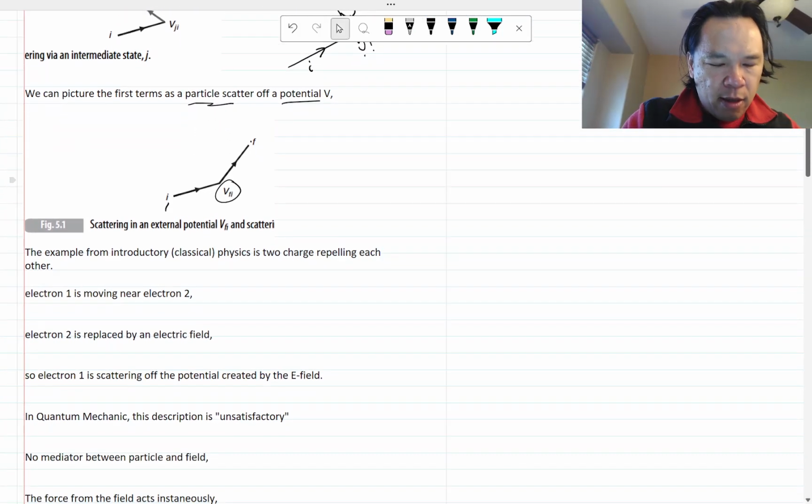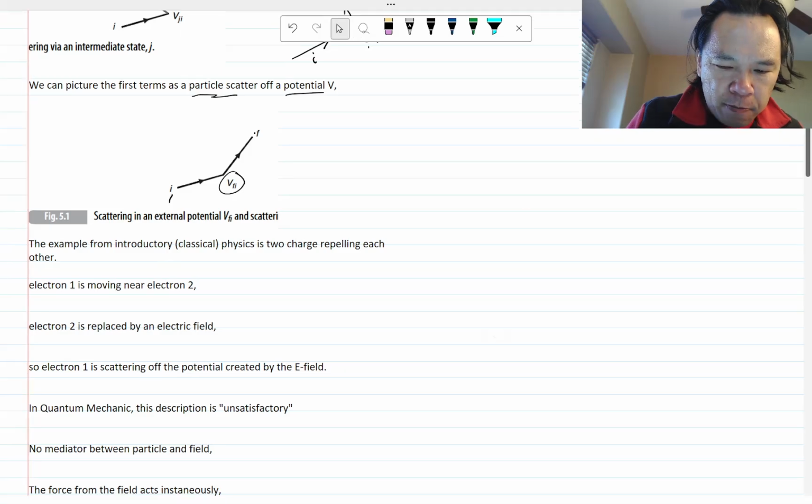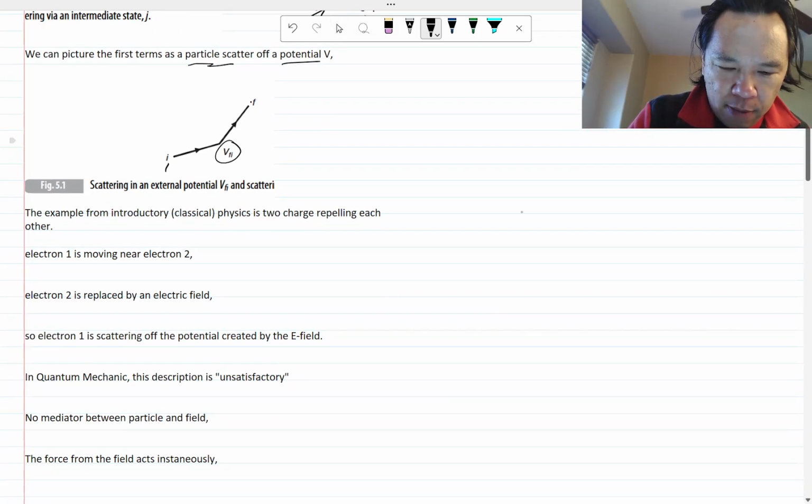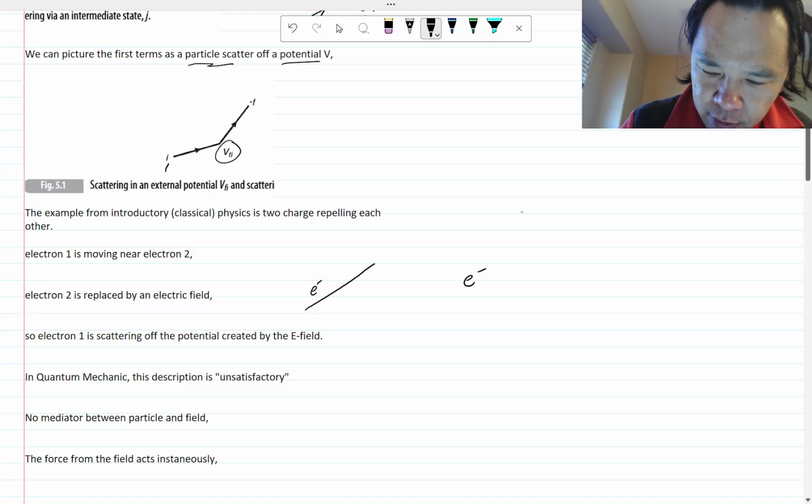So let's think about how to interpret these. Initially, let's go back to classical mechanics, where these things happen if maybe an electron is flying through the air. There's another electron, let's call these E1, E2.